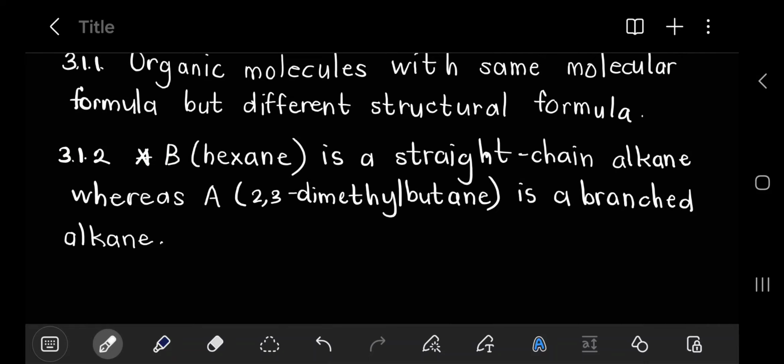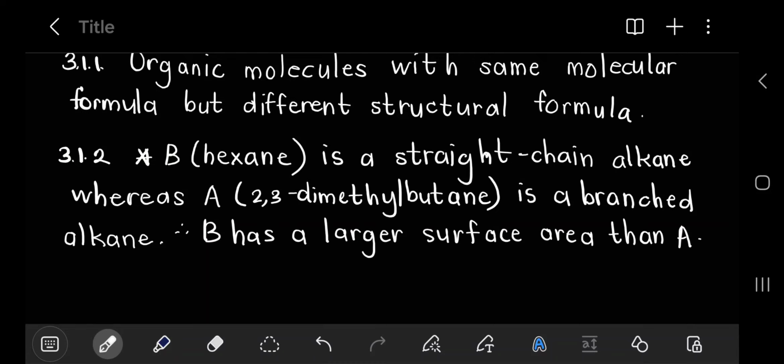So remember, this chain length refers to surface area. So in the same point, I'm going to say that compound B has a larger surface area than compound A. Or you can swap it around and say that compound A has a smaller surface area than compound B. But I am going to mention it in terms of B. So here I have it.